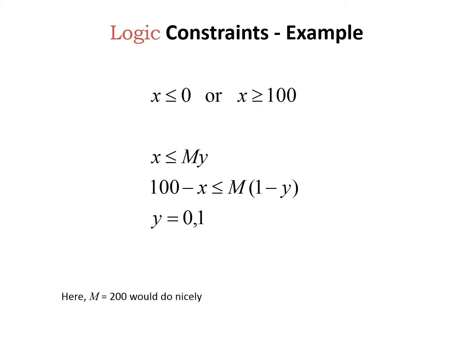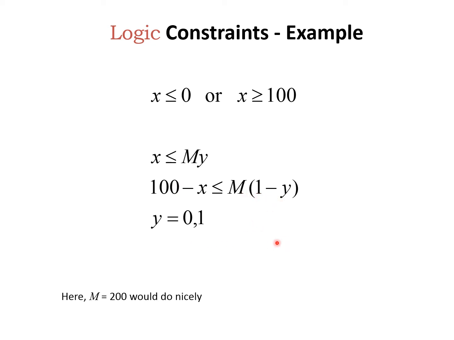So, as an example of this, here is another logical constraint: either x is less than or equal to 0 or x is larger than or equal to 100, so either-or. I don't want both to be satisfied. I want either-or, so these are two different constraints. I multiply the first constraint by M y, so it's 0 plus M y, and then here it's 100, but I move the 100 to the other side, and then we get M times 1 minus y, with y being binary.